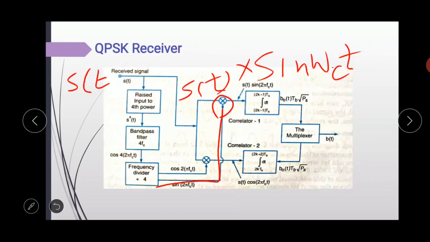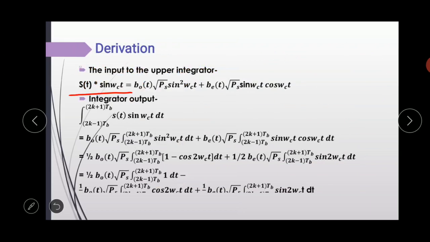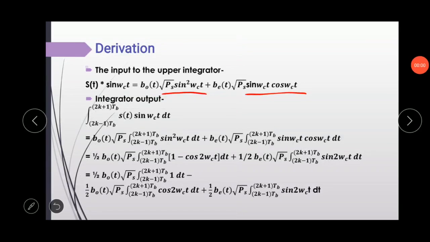So see here, b0 of t root ps sin omega ct into sin omega ct, so sin square omega ct, then be of t root ps cos omega ct into sin omega ct. After that, the input given to the integrator is integrated over the 2-bit period.